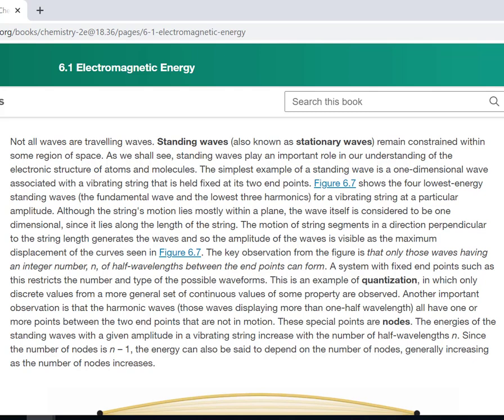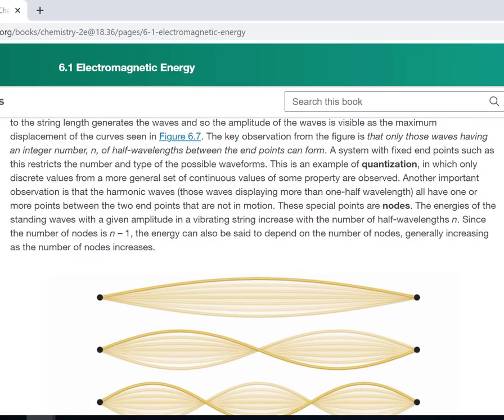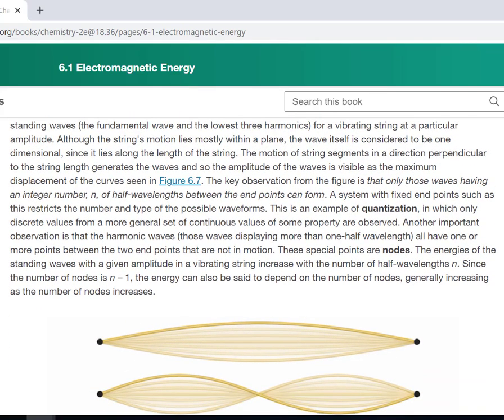So in a stationary wave or standing wave, the wave itself is not moving. A good example of this would be a stringed instrument. On a stringed instrument, you have a vibration that's occurring, but the string itself isn't moving.